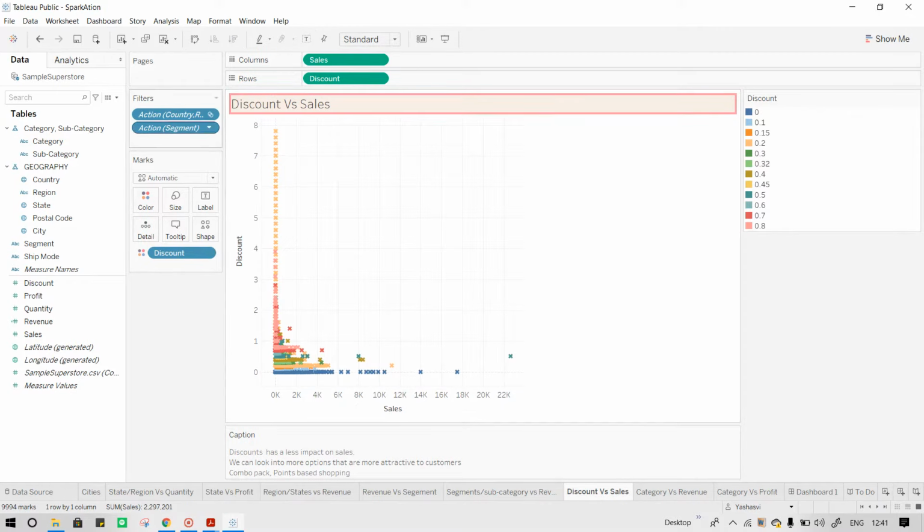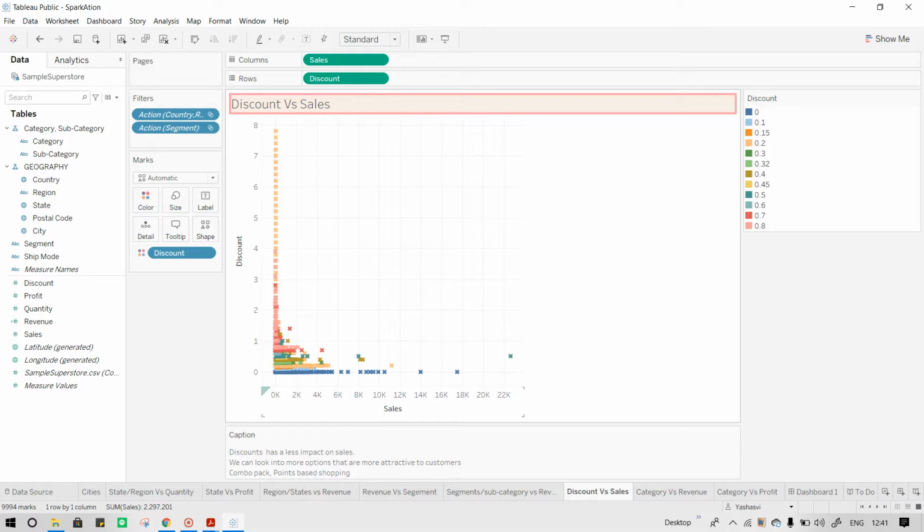Now, this is quite an interesting graph, I believe. In this, I plotted a sales and discount graph. You can see the discount is increased by one, but we cannot see any increase in sales. So we can infer that an increase in the discount does not lead to an increase in the number of sales.